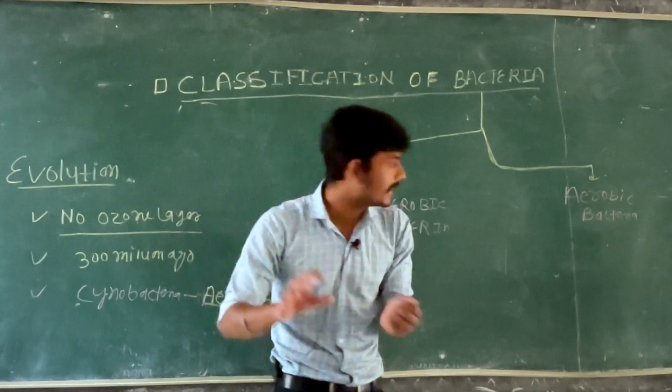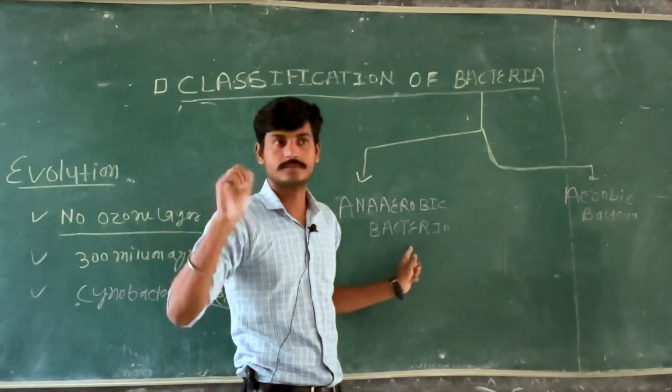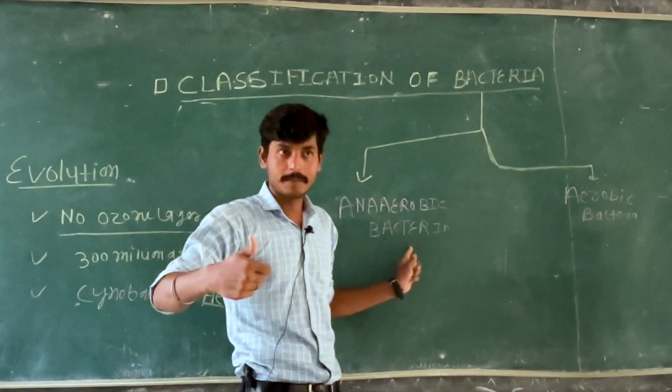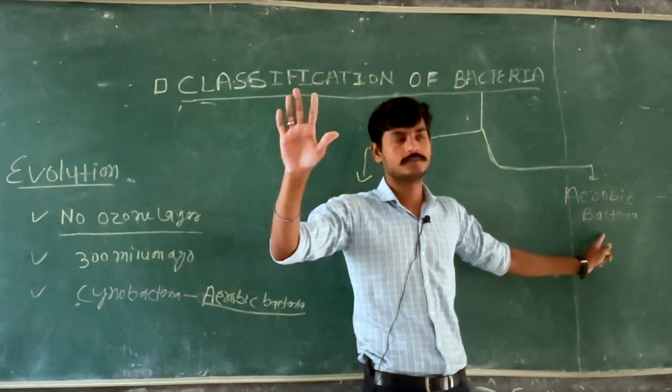So the thing is, in anaerobic bacteria, less ATP is produced. Got the point? In anaerobic bacteria, less ATP is produced, whereas in aerobic bacteria, more ATP is produced.